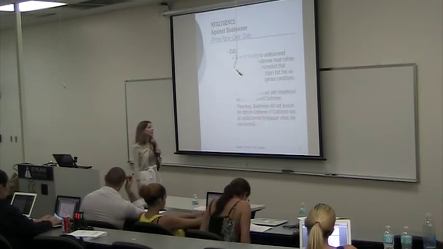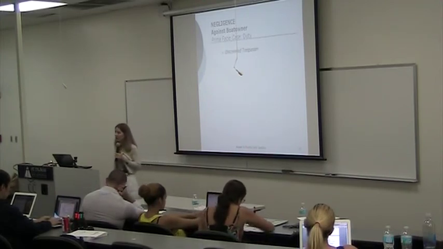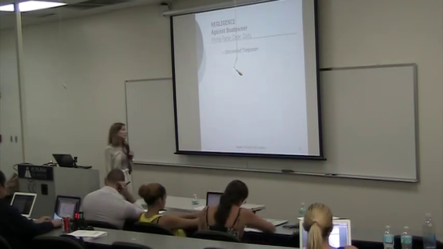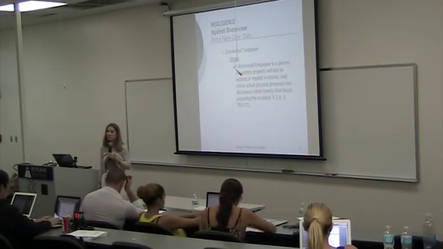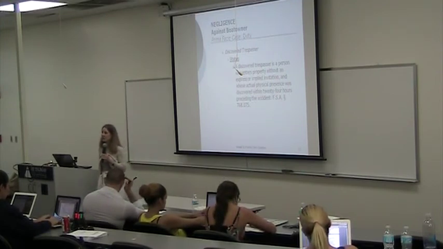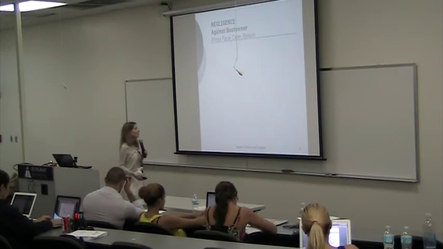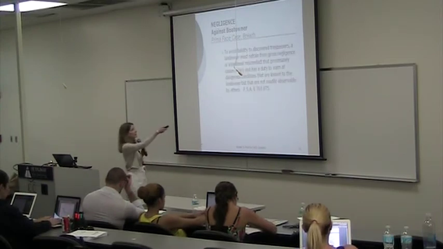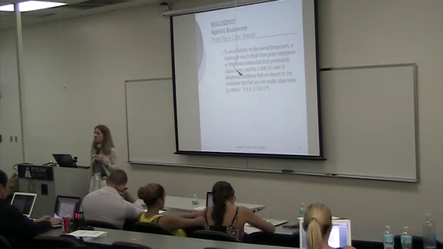If, on the other hand, we have a discovered trespasser, the rule is a little broader. Who's a discovered trespasser? That's somebody you do find within 24 hours of the event, which is probably customer in this case. Now, what's our duty? Notice now that it is a little broader, because it's a duty to refrain from gross negligence or intentional misconduct.